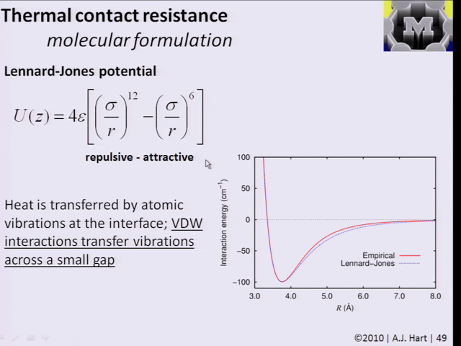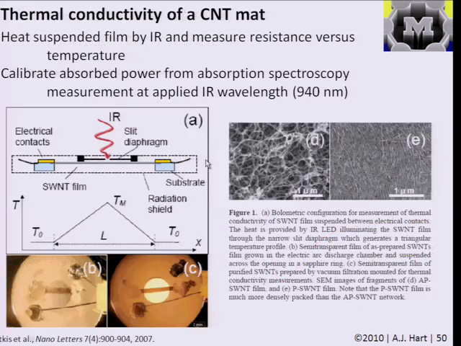And so if you have a particular spacing between two nanotubes, then the vibrations between one nanotube and the other, according to the temperature, are coupled by the transfer of vibrations across a small gap. So if one atom in one nanotube is vibrating, it is effectively feeling the other nanotube if the other nanotube's atom is within a distance that gives sufficient van der Waals interaction energy. And you could look at the paper to see how this is formulated in detail.